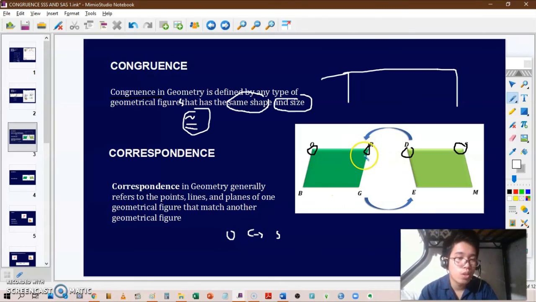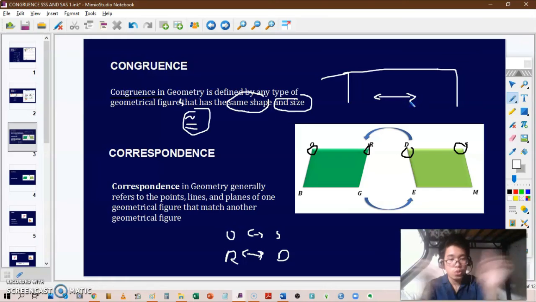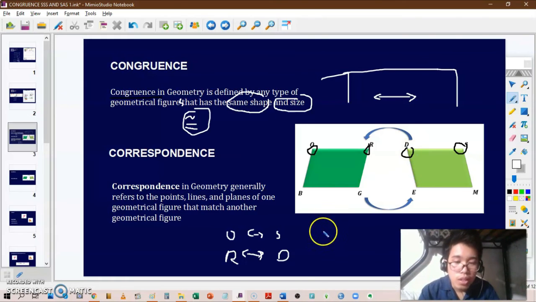If you want to show that points R and D are corresponding, we can use the symbol: R corresponds to D. It's kind of like a line segment with two arrows, left and right. That's not just for points.